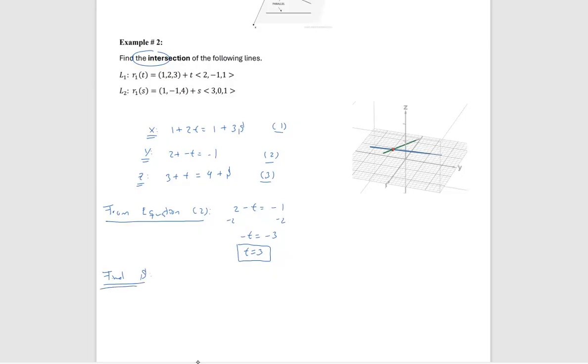Your s value, you can plug it into any of them. In this case, let me plug it into equation 3.